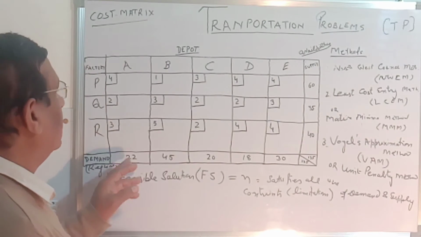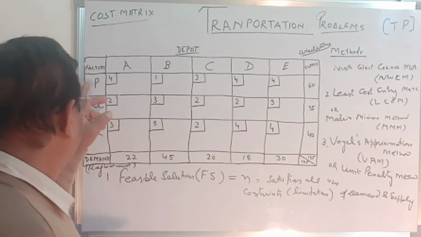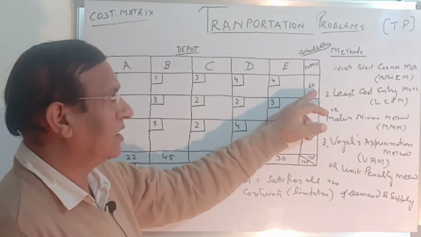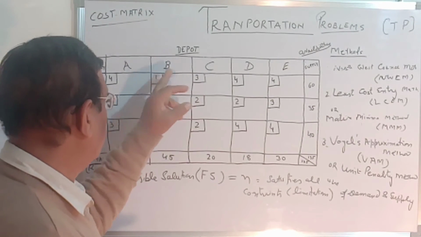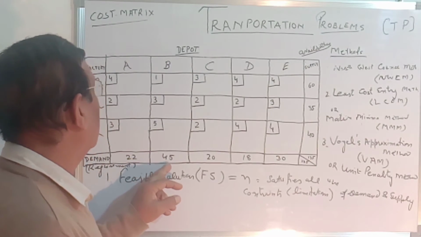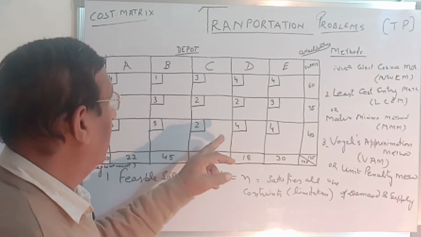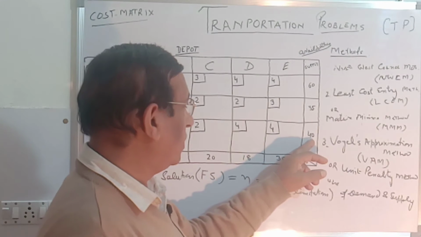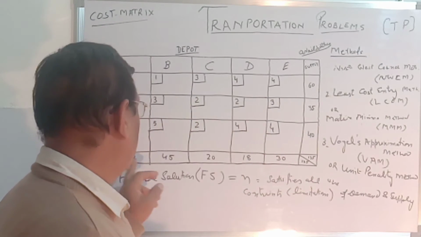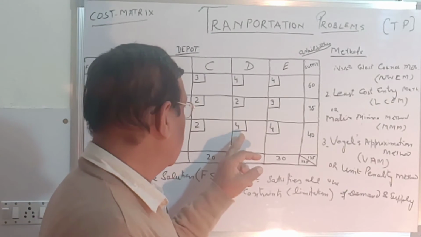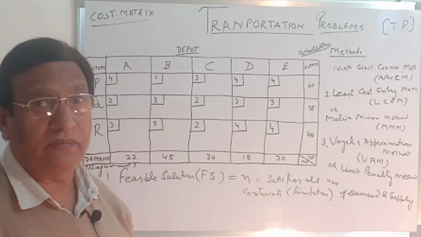What are the constraints? In factory P, production is 60 only. At depot B, demand is 45 only. We have to satisfy the demand of B, and we have to meet the demand at D, here 18 only.